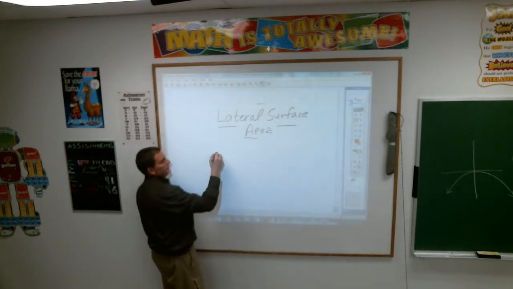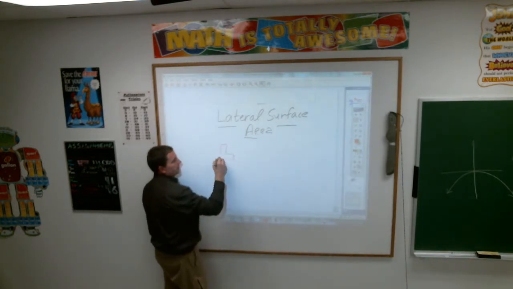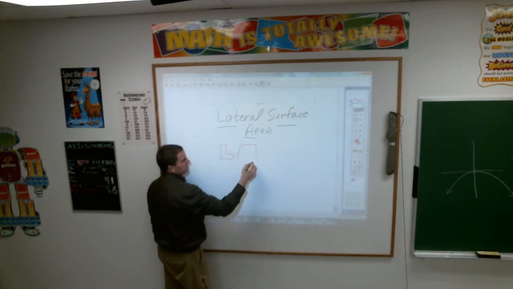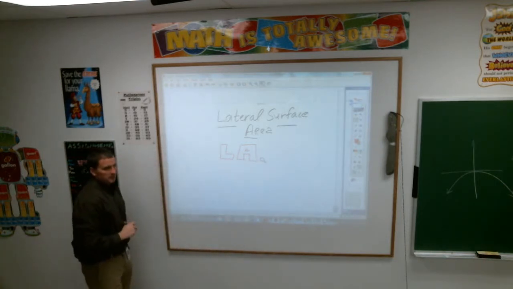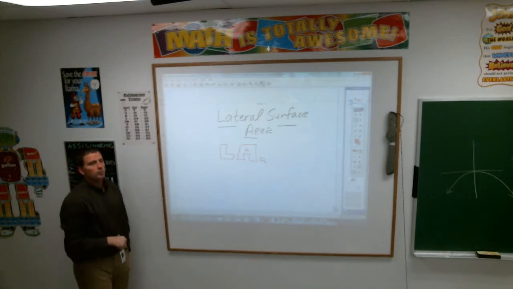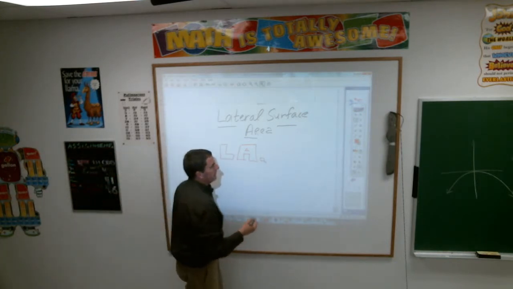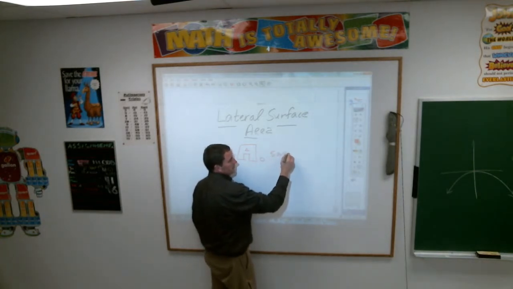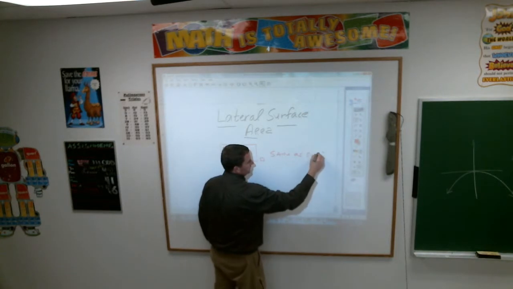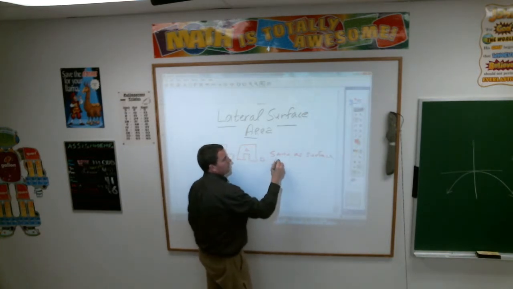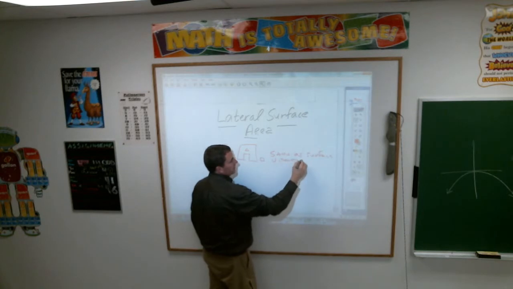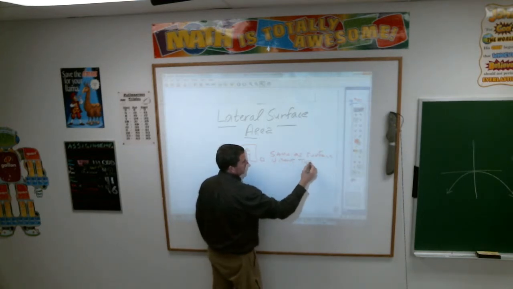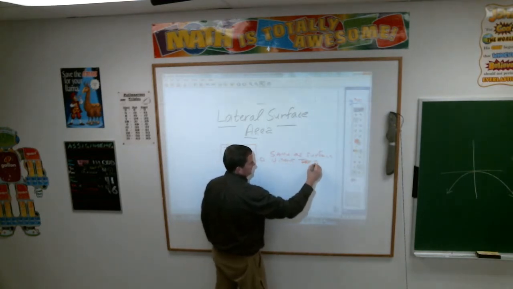Usually this gets abbreviated as just LA, lateral surface area. And what that is, somebody said wallpapering. For wallpapering, you would do the lateral surface area. It is the same as surface area without the top and the bottom. Well, let's just call it without the bases.